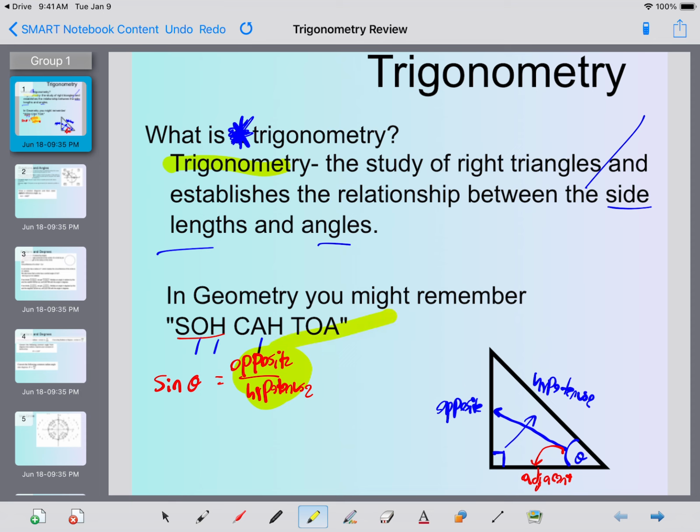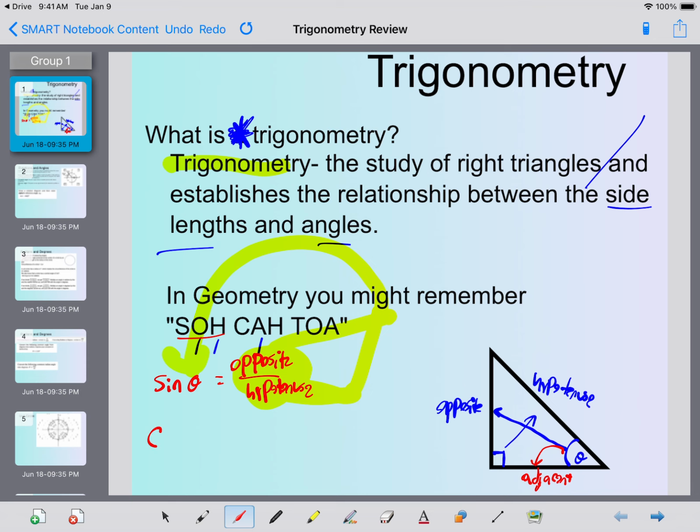If you had a specific number that quantified the side length of the opposite side, and you had a specific number that quantified the side length of the hypotenuse, that would give you a specific angle. So what we just said is, if you're given two side lengths of a triangle, you could figure out what the angle is, right?